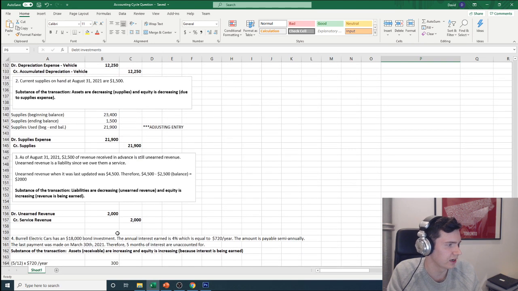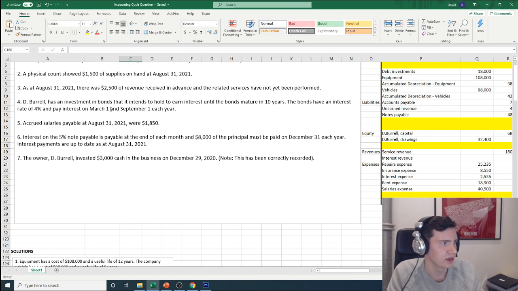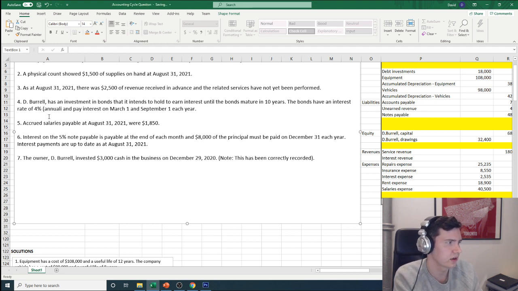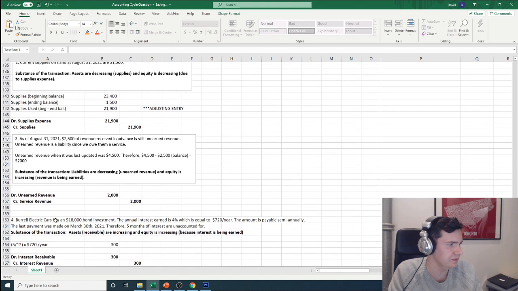So we're going to take that amount. Let's go down here, and we're going to take the 4% interest rate. Remember that whenever they state an interest rate in the additional information, that's an annualized rate. So we're getting 4% a year on the amount of 18,000.